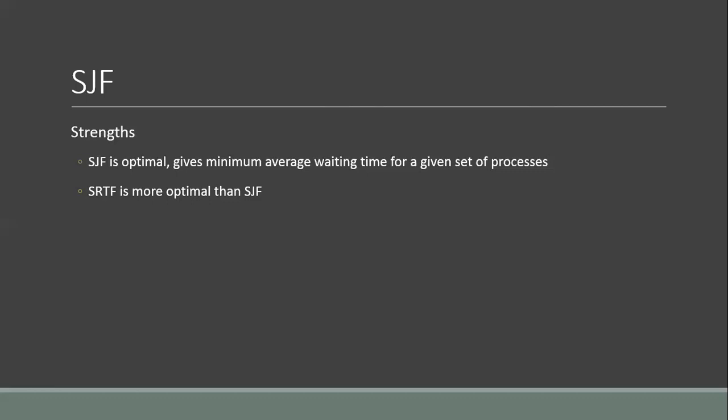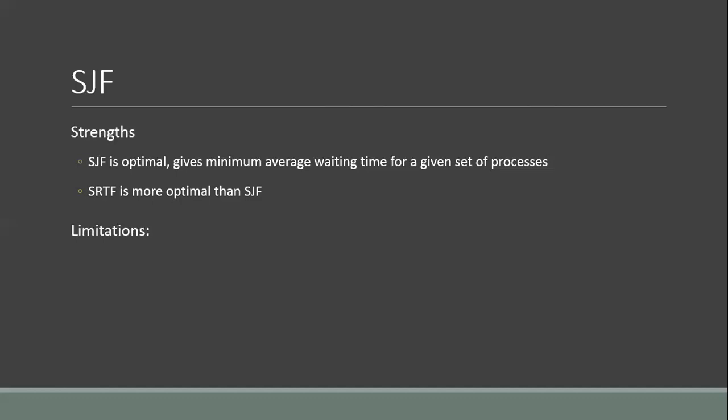And by doing so, it is guaranteed that we will select a process for execution that has the shortest burst length. Hence, SRTF gives more optimal or minimum average waiting time as compared to the non-preemptive version of this algorithm.